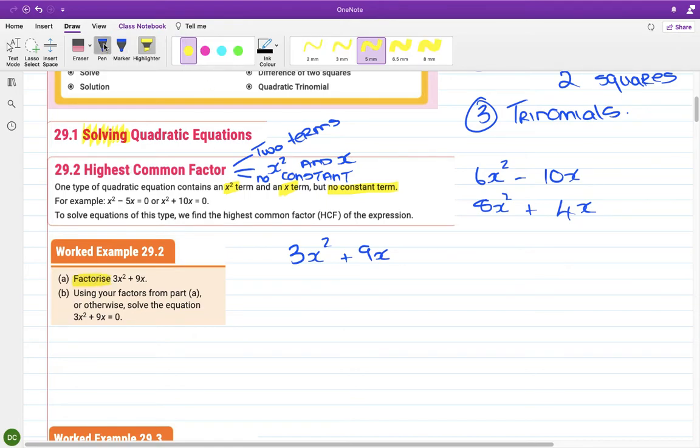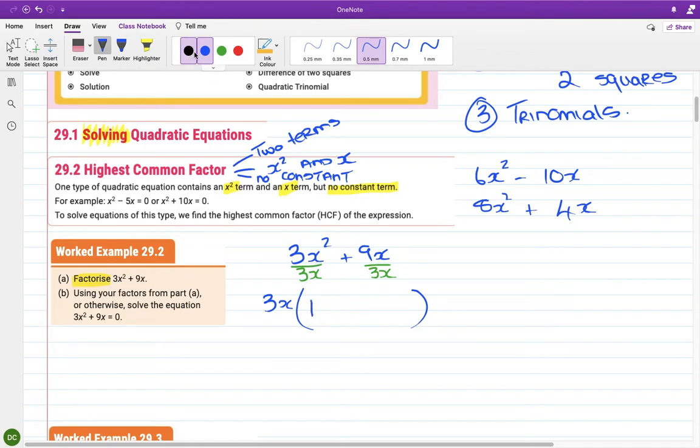The way you factorize this is you take out what's common to both terms. So 3 will divide into both terms, and so will x. Then you divide by the common factor. So I'm going to divide both of these by 3x. 3 divided by 3 is 1.